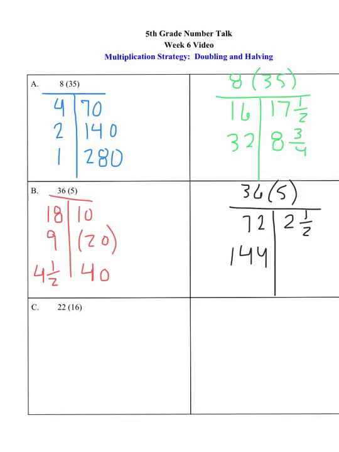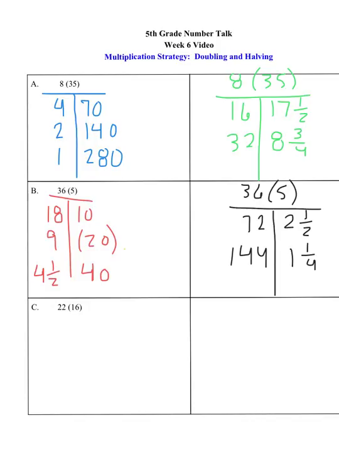Half of 2.5 would be 1 1/4. Again, I don't know if that's more efficient or not. I think the other way is a much more efficient way, where you half 36 and you double 5. Kind of like here.